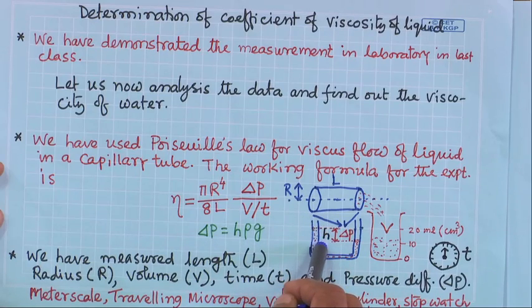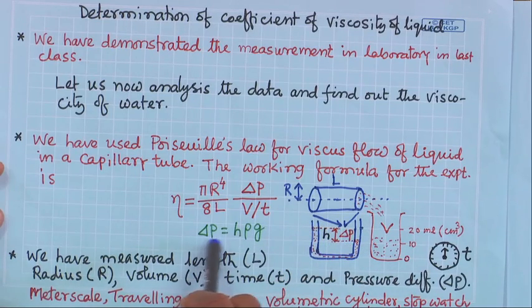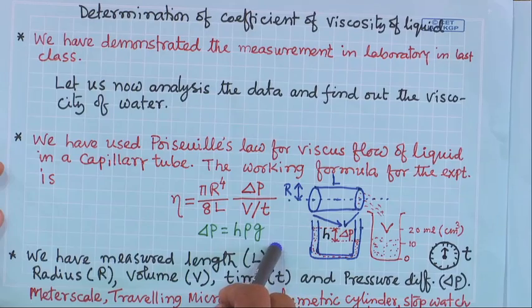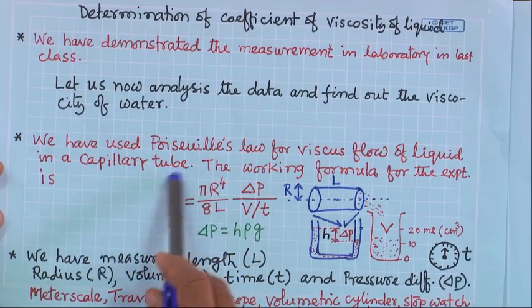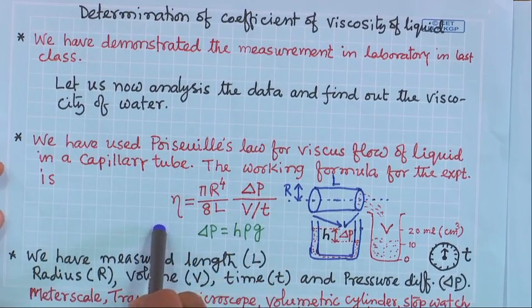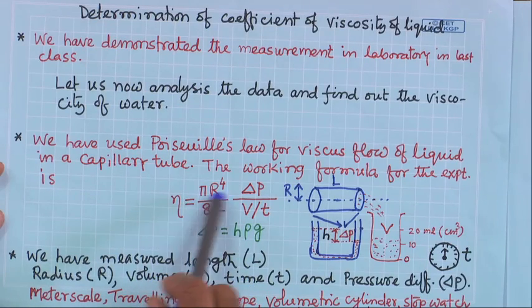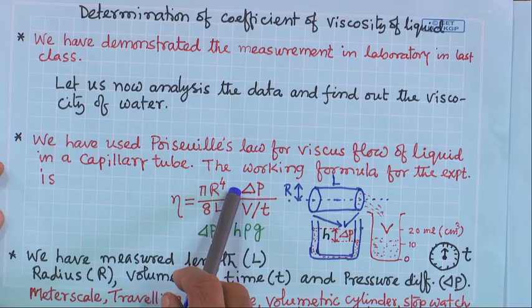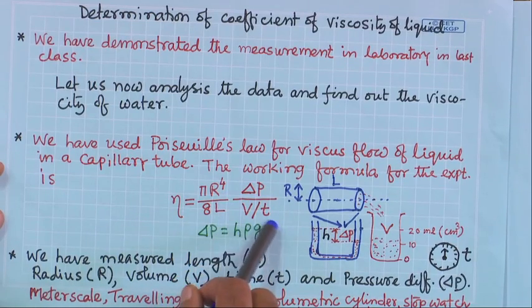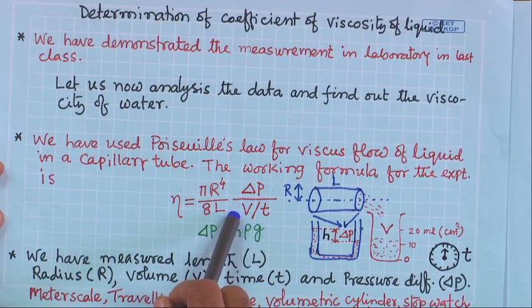If this height difference is h, then del P will be h rho g. So, from this working formula we can see that one has to measure r, then length L, and then at different pressure differences what is the change of volume with time. So, volume for a particular time.